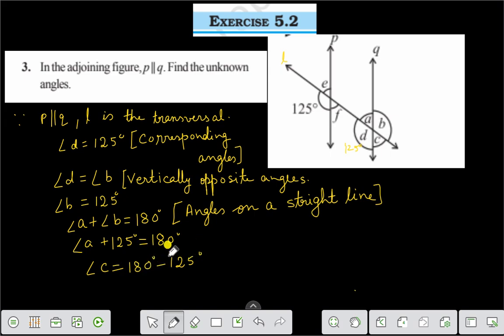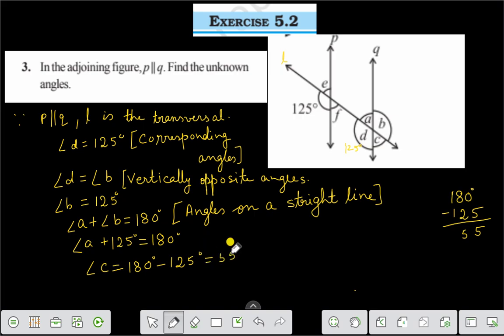If you subtract 125 from 180 degree, what you are getting, you see 180 minus 125. Then we are getting 55 degree.